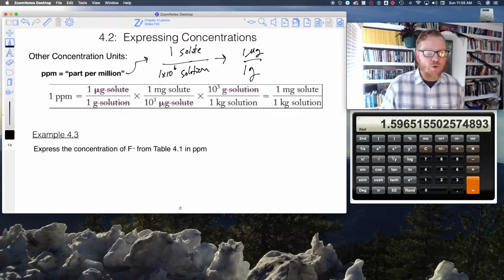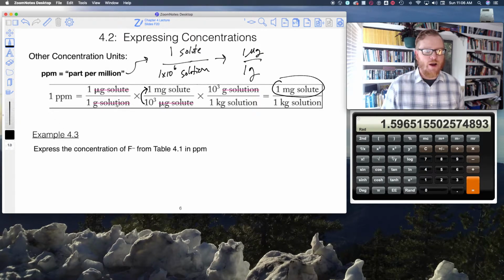And so now follow through the line here. So 10 to the 3 micrograms of solute is the same as 1 milligram. So this gets a little confusing, so follow through here. So 10 to the 3 micrograms is the same as 1 milligram. Okay? So now that 1 milligram, look, it stays. All right? And then now let's follow the gram solution.